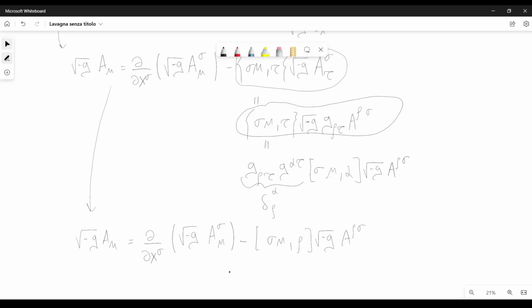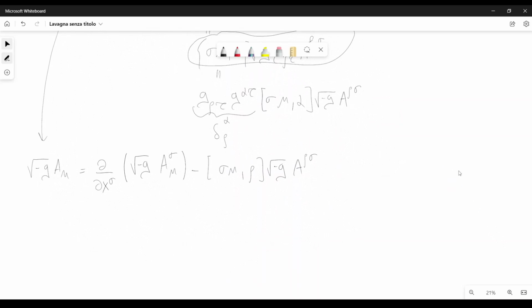In addition, if a rho sigma is symmetric, we get that minus square bracket sigma mu rho times square root of minus g a rho sigma can be written in this fashion. We know the expression for these square brackets.